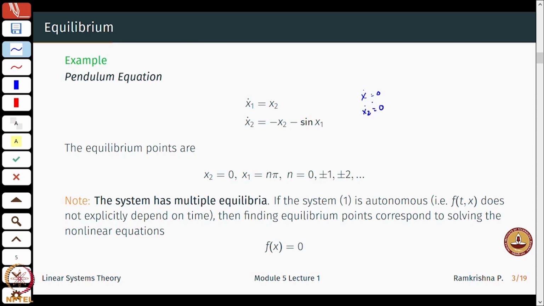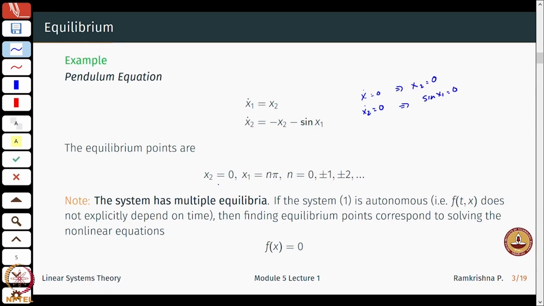From the first equation this will imply that x2 is 0, which is okay to check, that the velocity would be 0 at the equilibrium, and this would mean that sine of x1 is 0, which means it will have a variety of solutions, starting from pi to 2 pi and so on, all these multiples of pi.